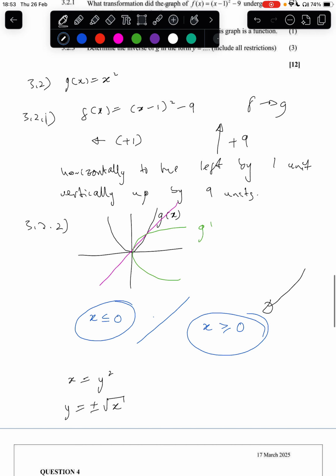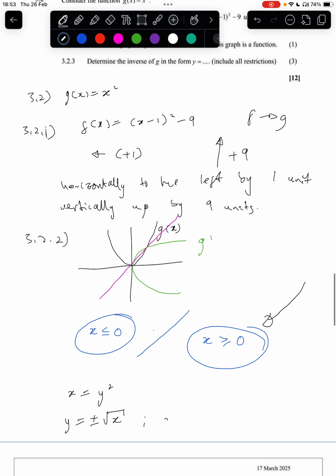Perfect. So, for this one, the restriction is x is greater than or equal to 0. You can go with that. Okay?